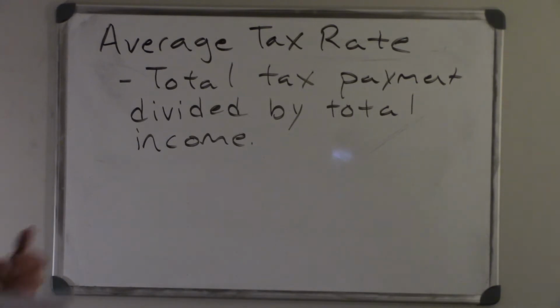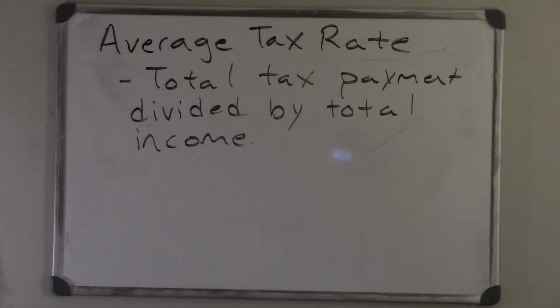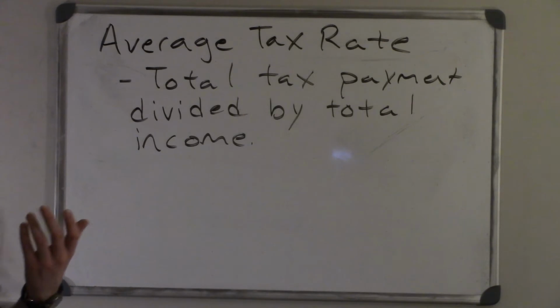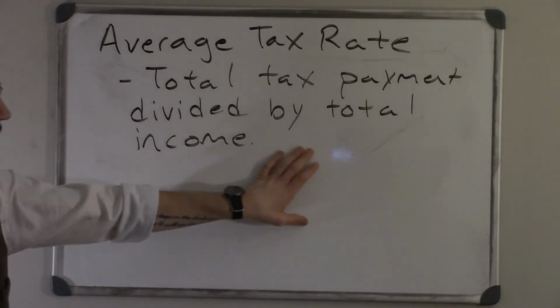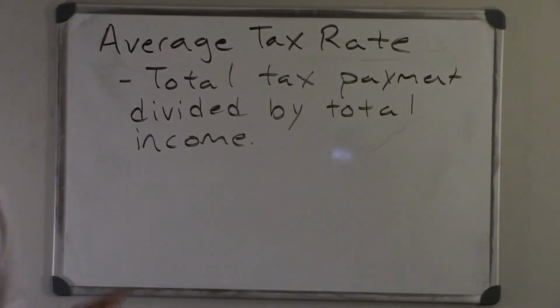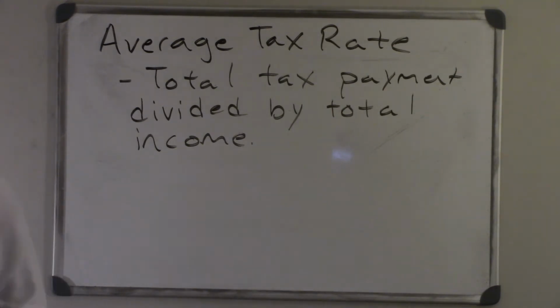So when you are looking at your tax rate, a lot of people think that whatever bracket you fall into, that's what percentage you pay on all of your money. That's not true, right? For an overall tax rate for how much you're paying as an average, this is the way we would do that.